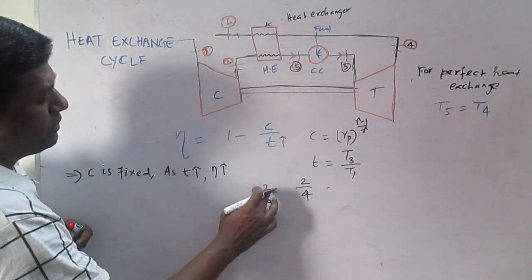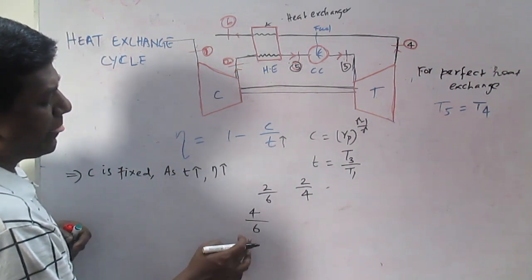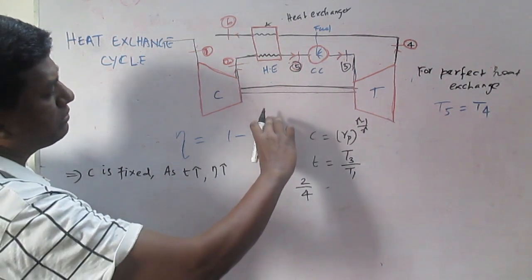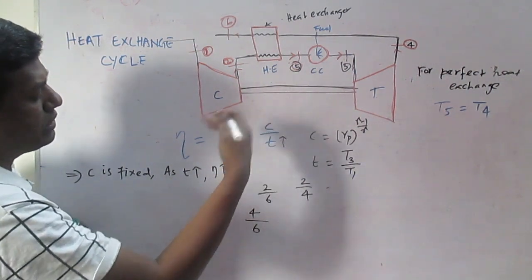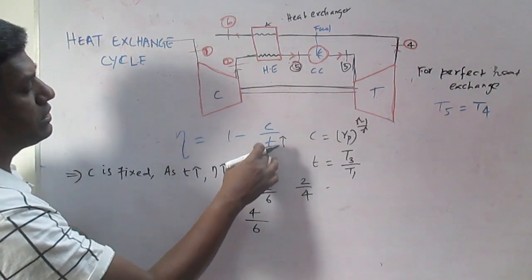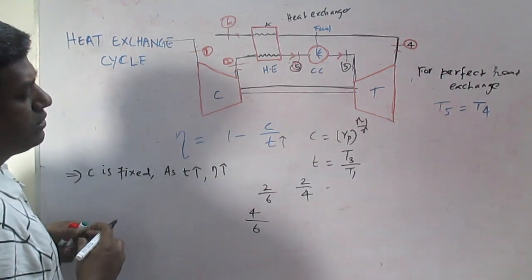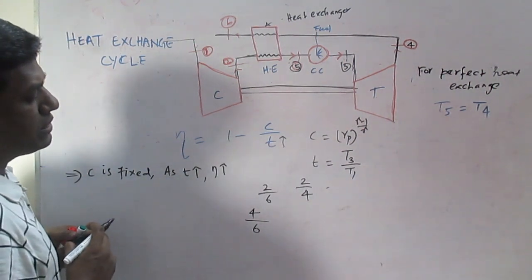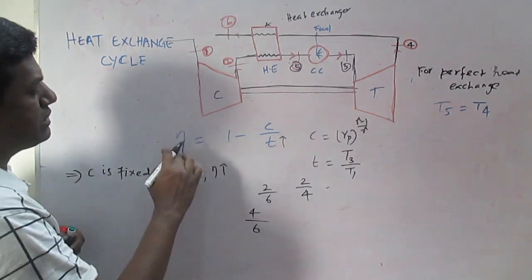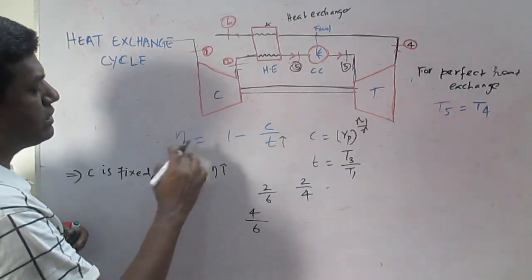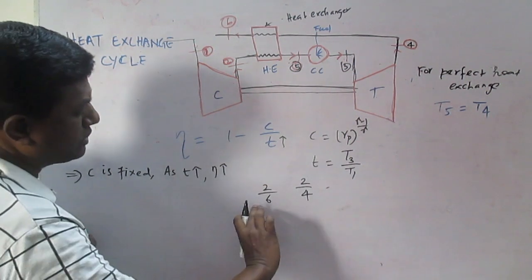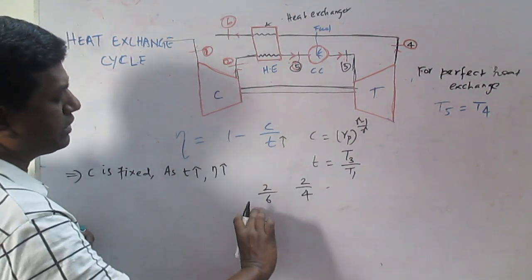Instead of 2 we are putting 4, then what happened to the whole ratio? The whole ratio is increasing, not decreasing.